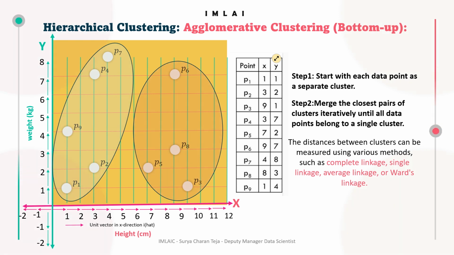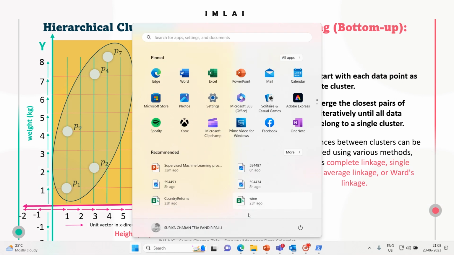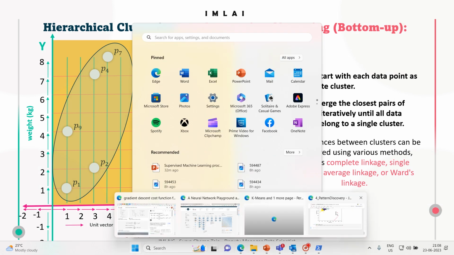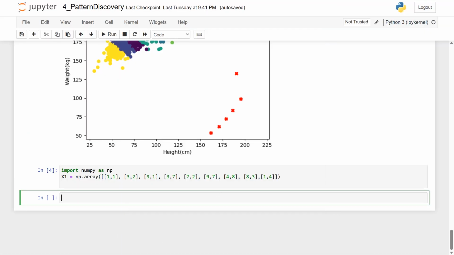So first, let's create a data set. Let's directly get into the action. The second type is hierarchical clustering.